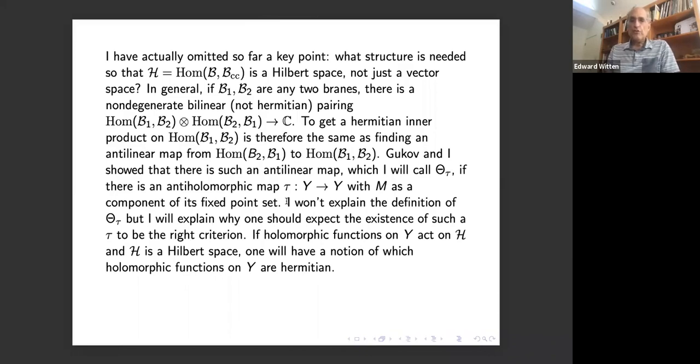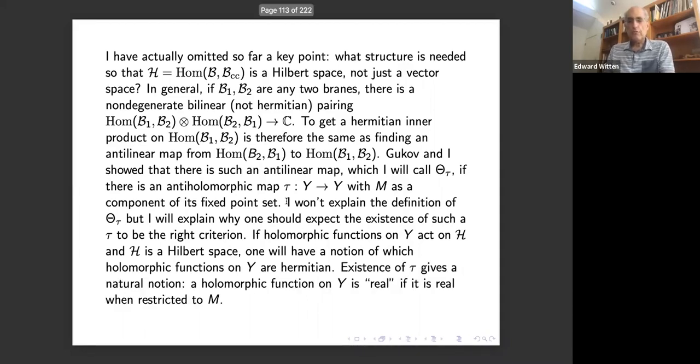If holomorphic functions on Y act on H and H is a Hilbert space, one will have a notion of which holomorphic functions on Y are Hermitian. Existence of tau gives a natural notion.